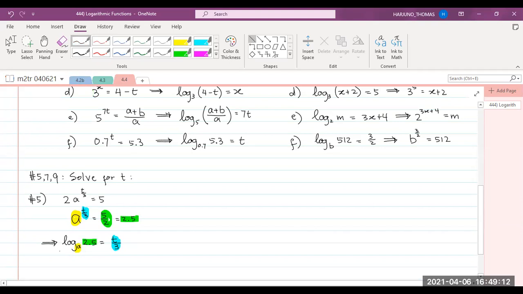Well, multiply by 3 both sides, right? 3 log base a of 2.5 equals t. Okay, you will see to solve for the exponent, you need to first rewrite it as a base to some power. Isolate a to some power. Number 7.